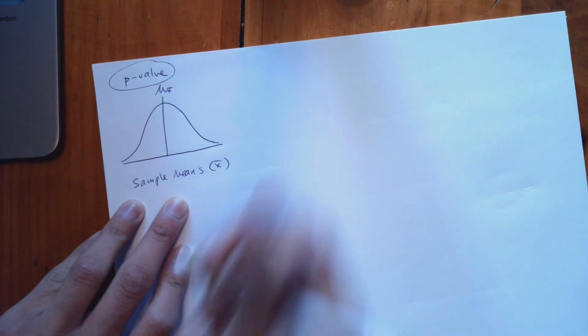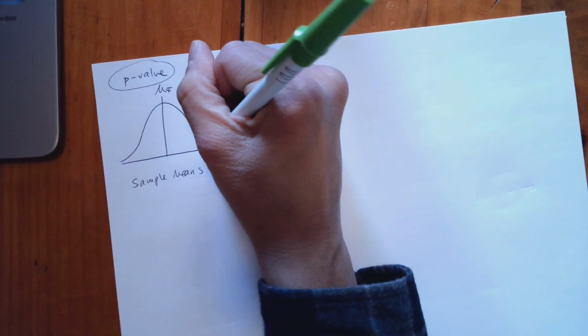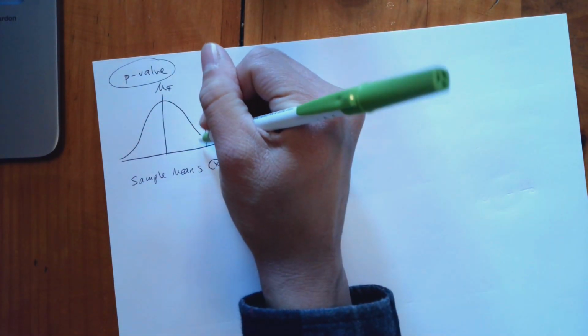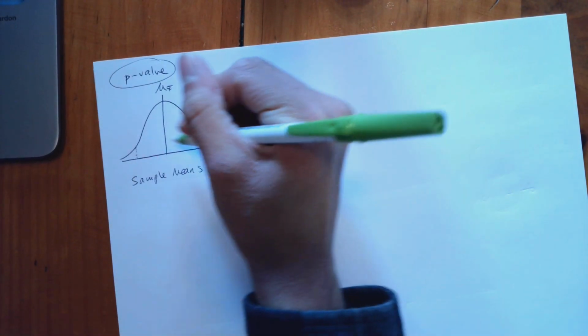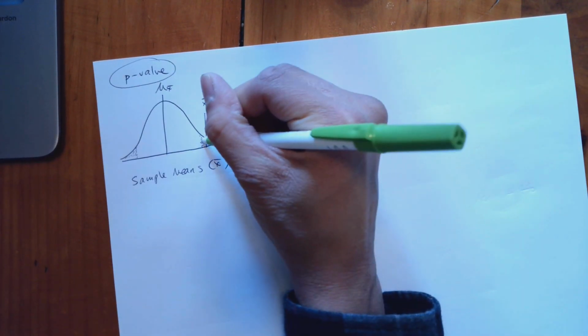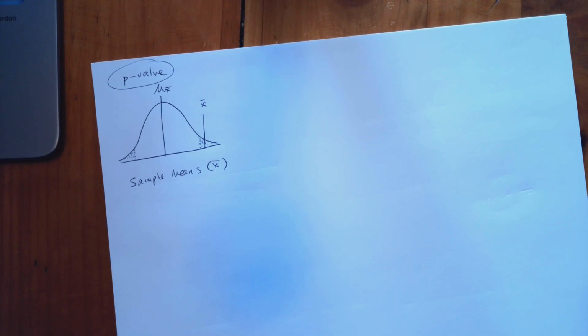So here we have our possible sample means. We have our actual sample mean here. And we know that at some point we're going to cut off what we would consider to be the most unlikely values that you could get.